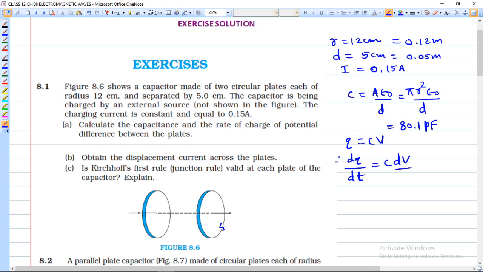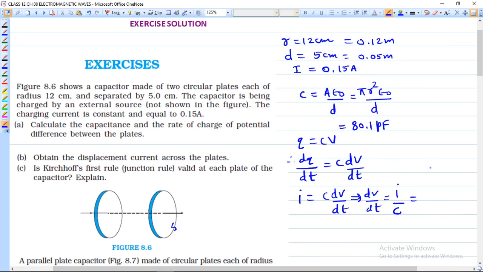C dV by dt. But dq by dt is what? Current. Means I equals C dV by dt, which implies dV by dt equals I upon C. Now what is the value of I here?